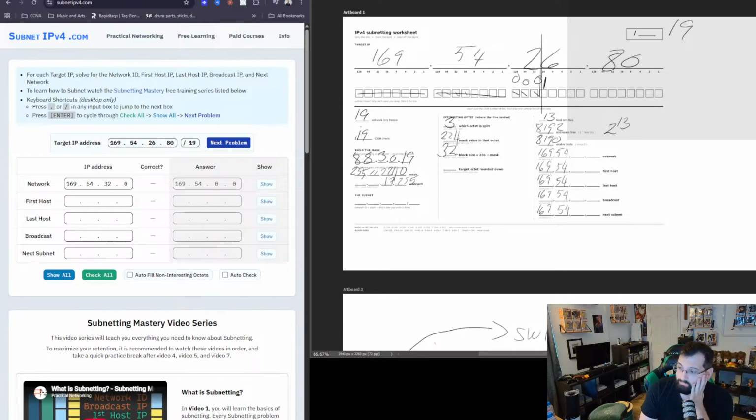So then, how do I find the ultimate network, like the one that's ahead of it all? The block size is 32.